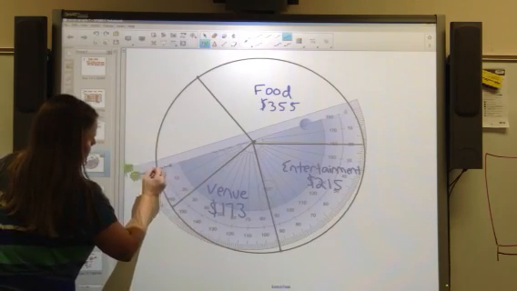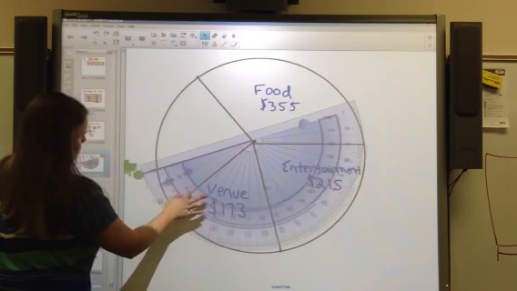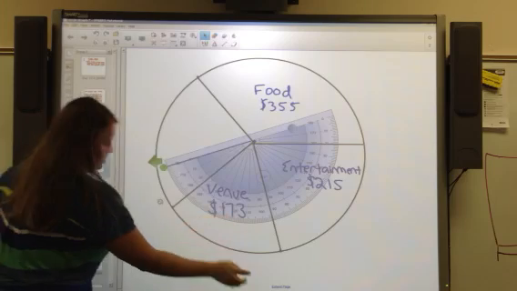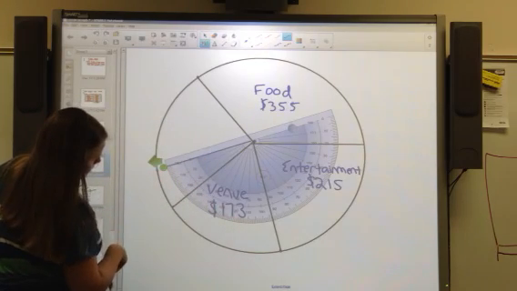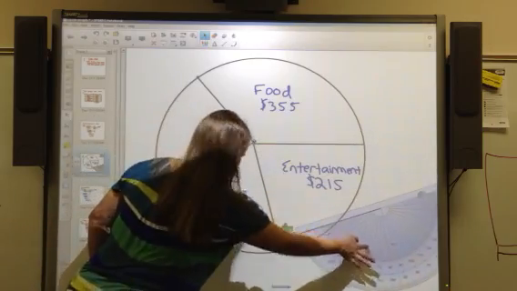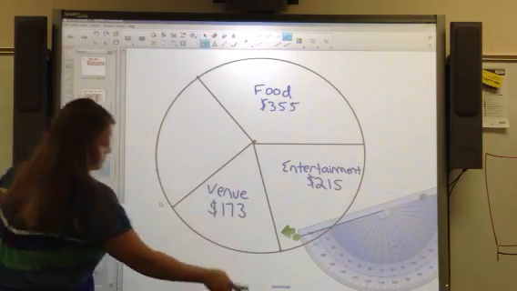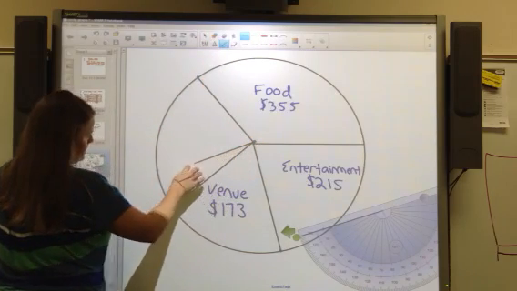So dot, let me move it right there. So my dot goes here for 24 degrees. I can move this out of the way. I can label, oh, it's on my line, sorry. My line from the center mark again.